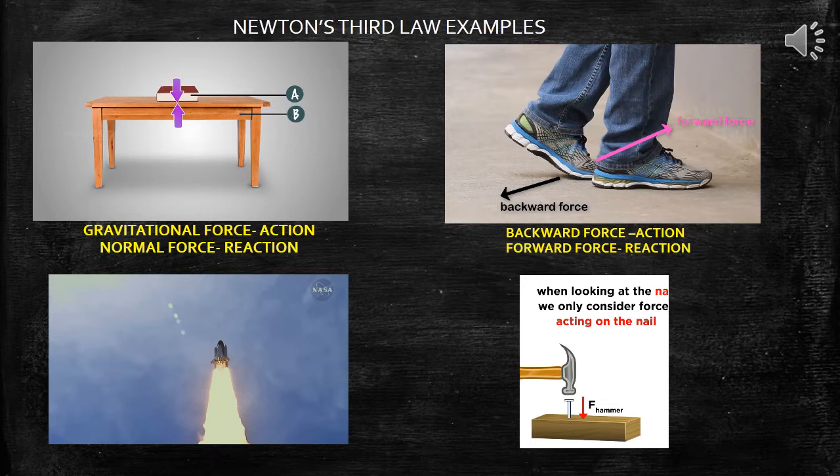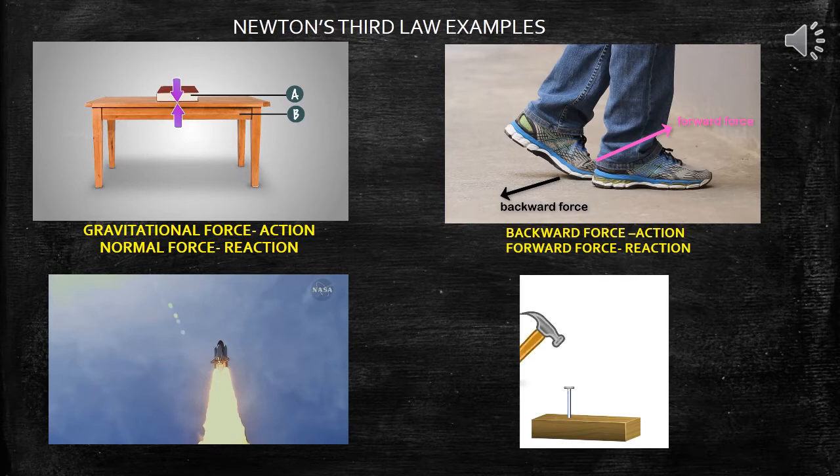Look at the last example. The hammer applies force on the nail. That can be taken as action. As soon as the hammer is in contact with the nail, the nail also applies an equal and opposite force in the opposite direction.